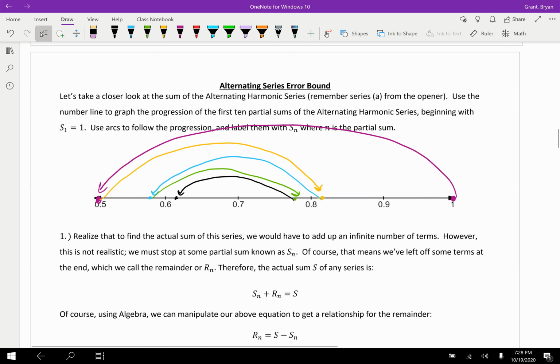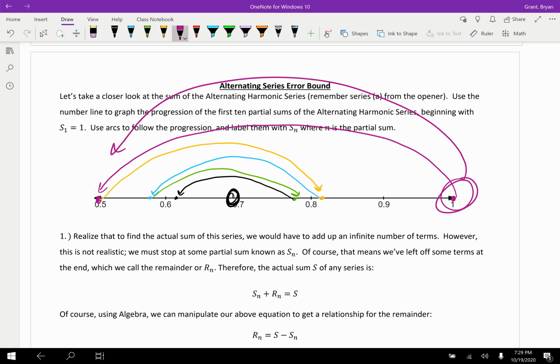What's happening here is that we are jumping past the actual sum. Can you see we're kind of narrowing in on the sum? To me, it looks like the sum is going to be somewhere in the middle here, right? So what happens is, on my first term, I start to the right of the actual sum. And then when I add my next term, which ends up being negative, it jumps us back to the left side of the actual sum.